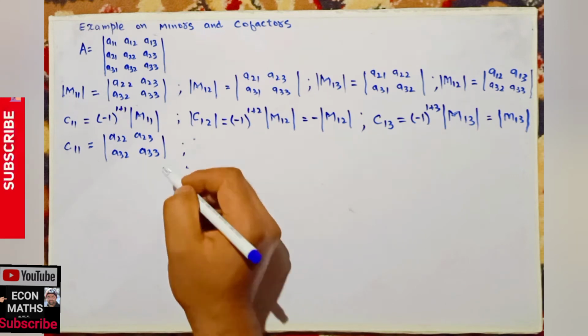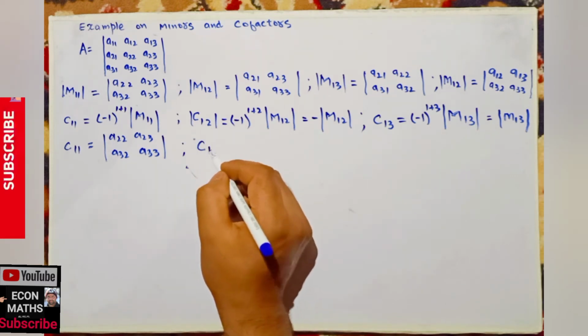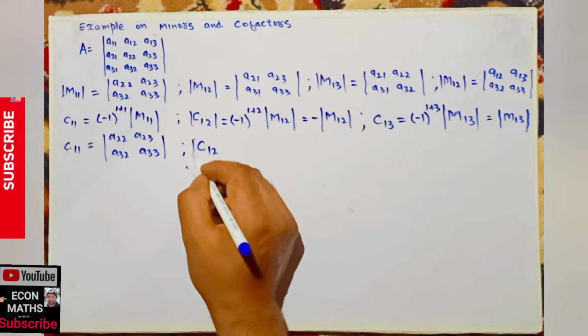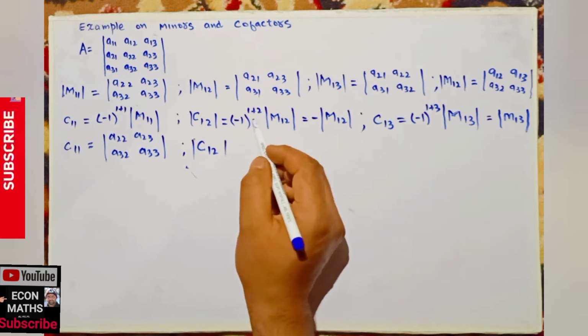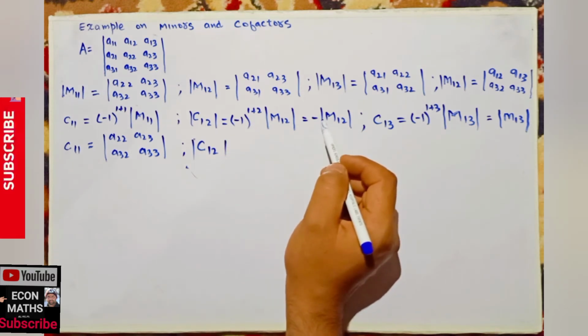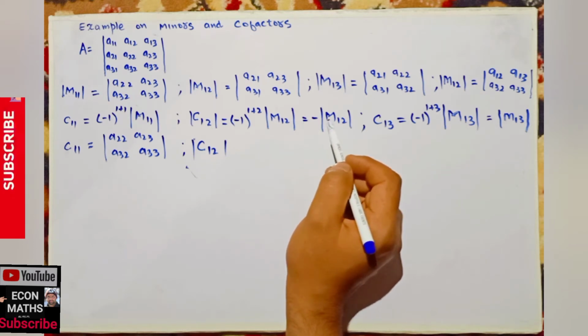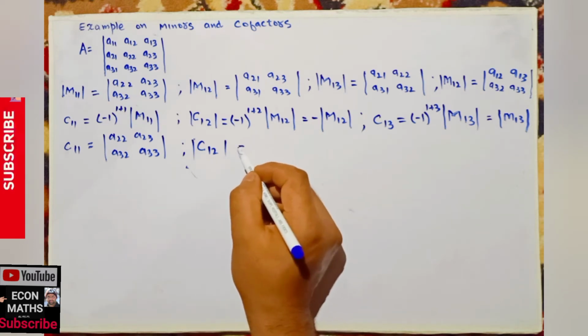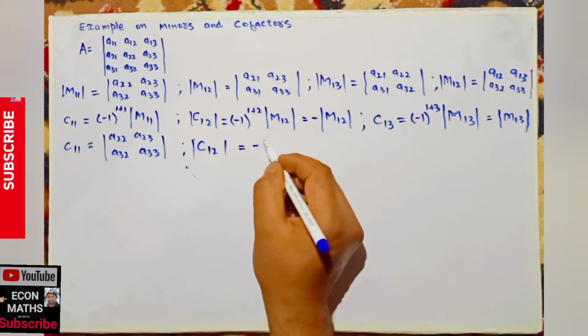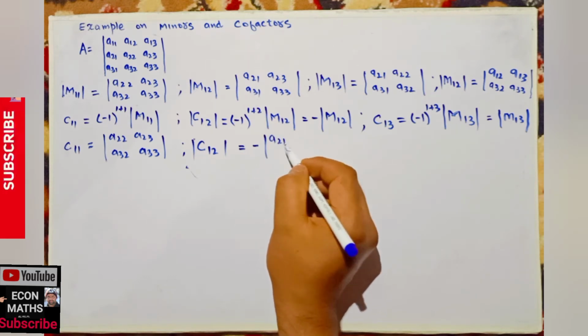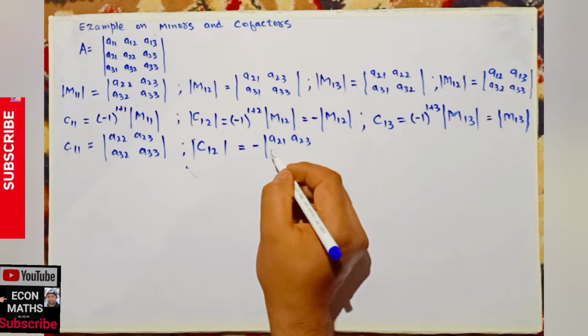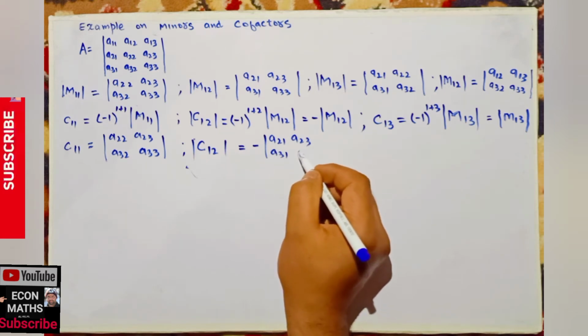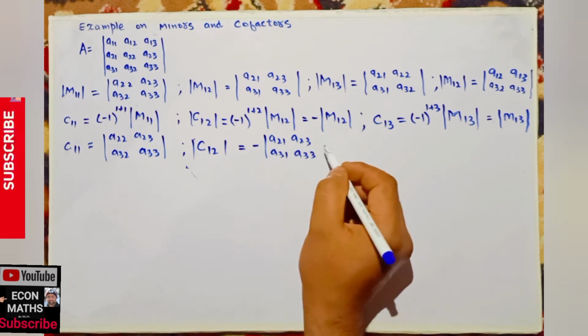Similarly, here the second cofactor c12 is equal to, now the sign of the second cofactor is minus, as we have seen here. So this will be equal to minus times a21, a23, a31 and a33.